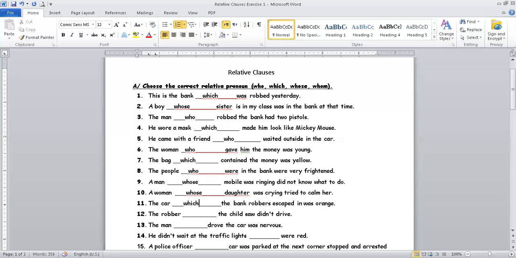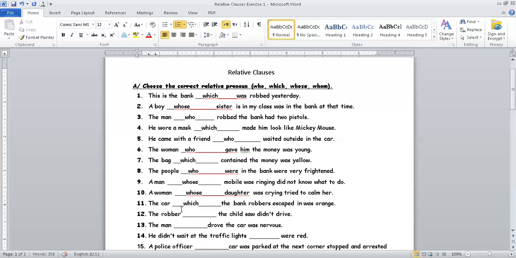It says the bank robbers escaped. Escaped in what? The bank robbers escaped in the car, and we want to define the car. So the car is the object in this sentence. Which defines the car. We said before that which replaces subject and object pronouns. Which here replaces the car, which is the object. Therefore, you can drop which.